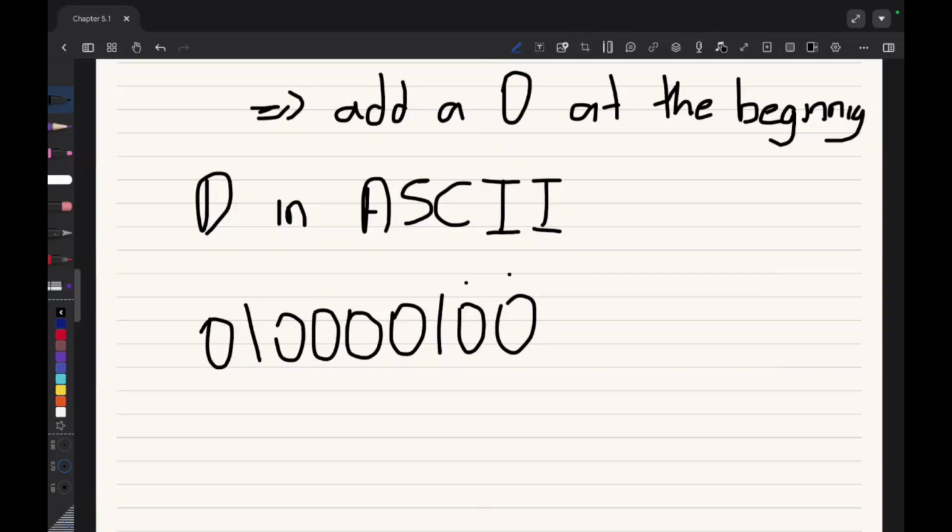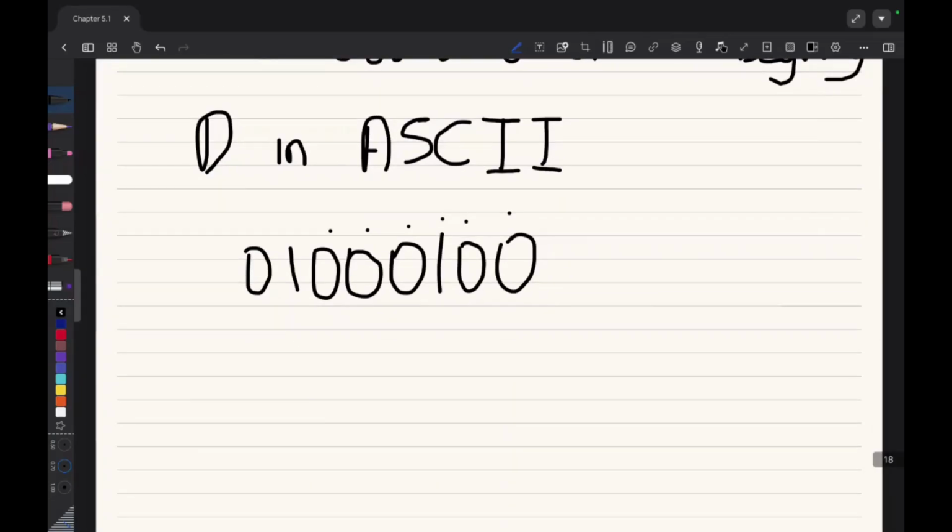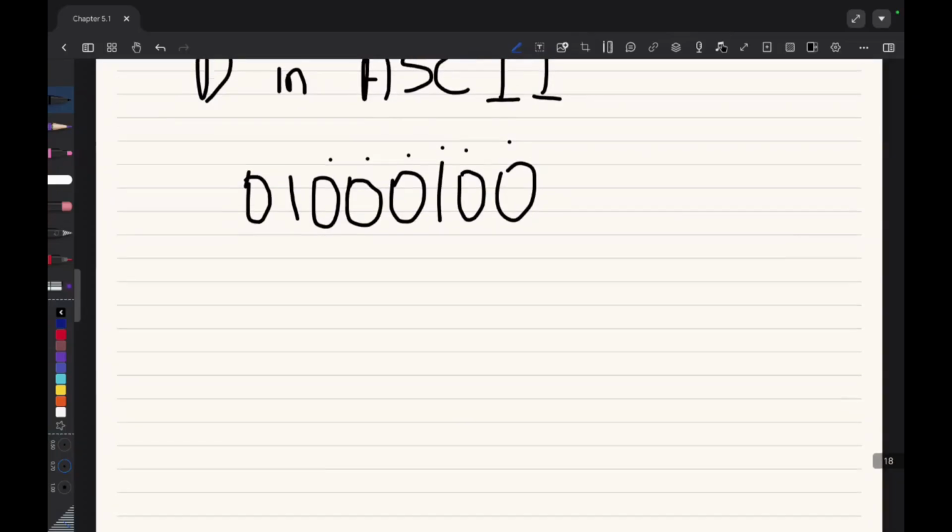It's supposed to be 8 bits: 1, 2, 3, 4, 5, 6, 7, 8. Then where did I go wrong? All right, I see, it's supposed to be 1. Yeah, this is going to be the ASCII of D. This is how the D is represented.